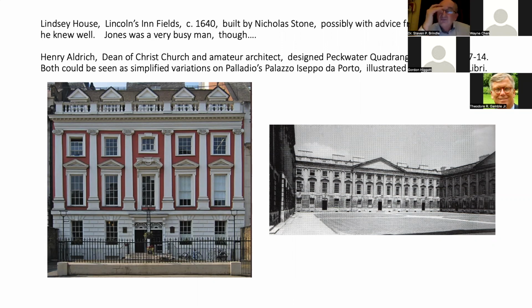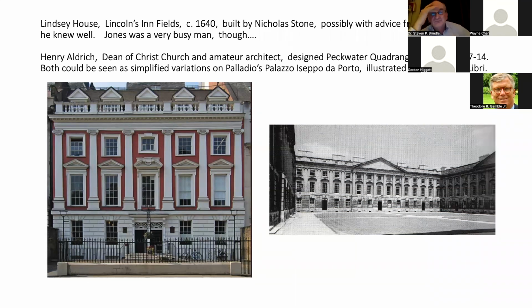And on the right, we have Peckwater Quadrangle, built startlingly early in its way, 1707, and designed by the Dean of Christ Church himself, a rather good amateur architect. If you look at those designs, you could say that these are both simplified reinterpretations of the Palazzo Iseppo da Porto, which of course was illustrated in the Four Books, and they have a character which we call Palladian.